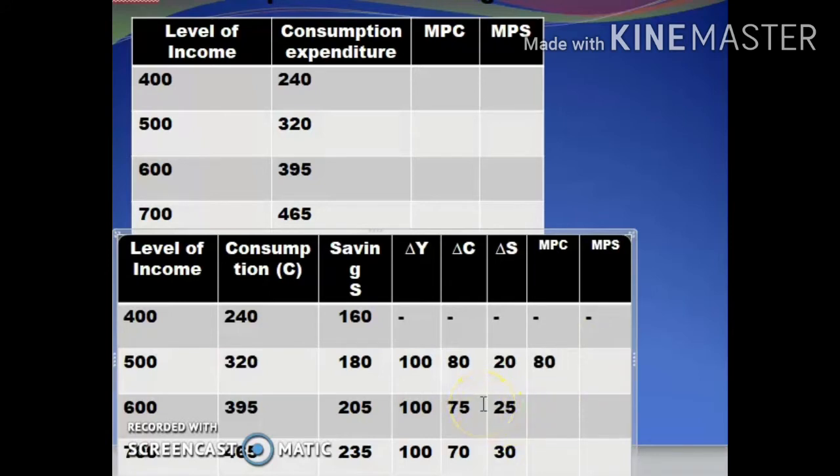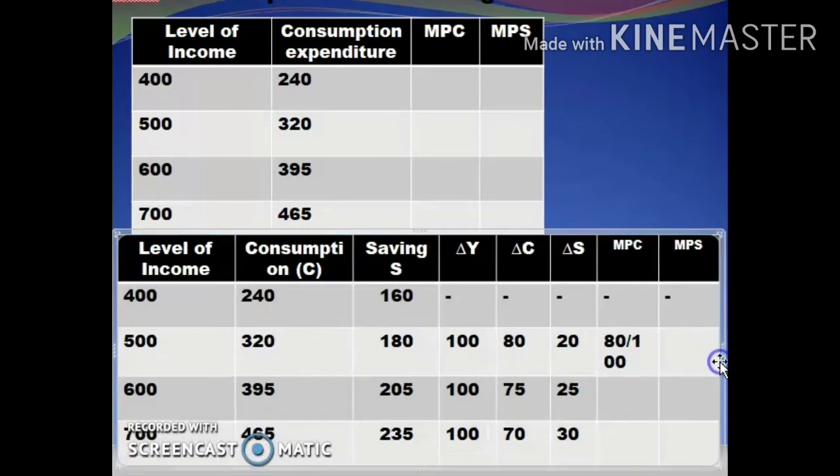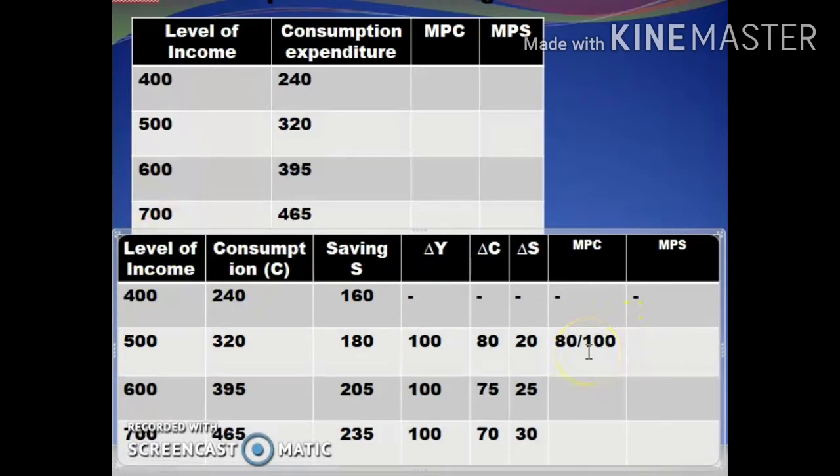Next, MPC means what? Delta C by delta Y is the formula. So 80 divided by 100 is 0.8.